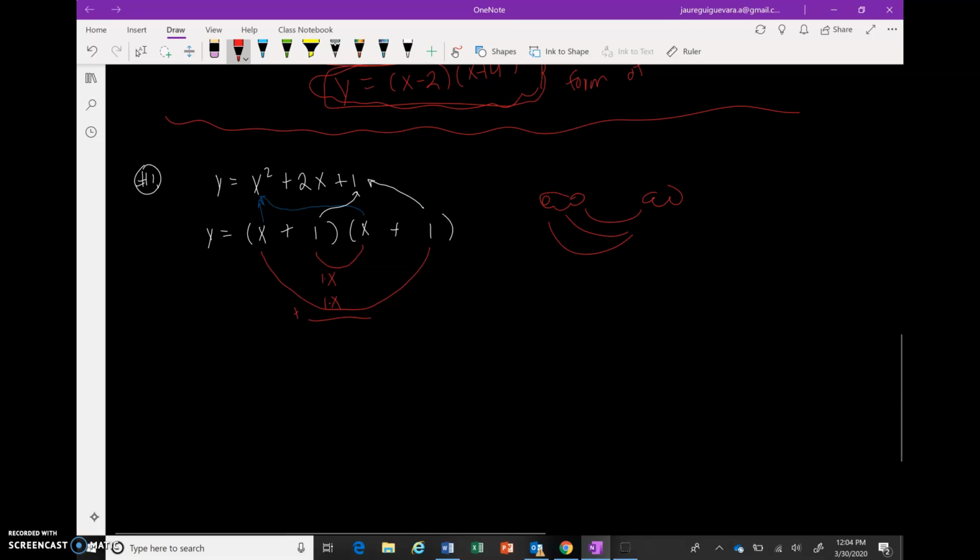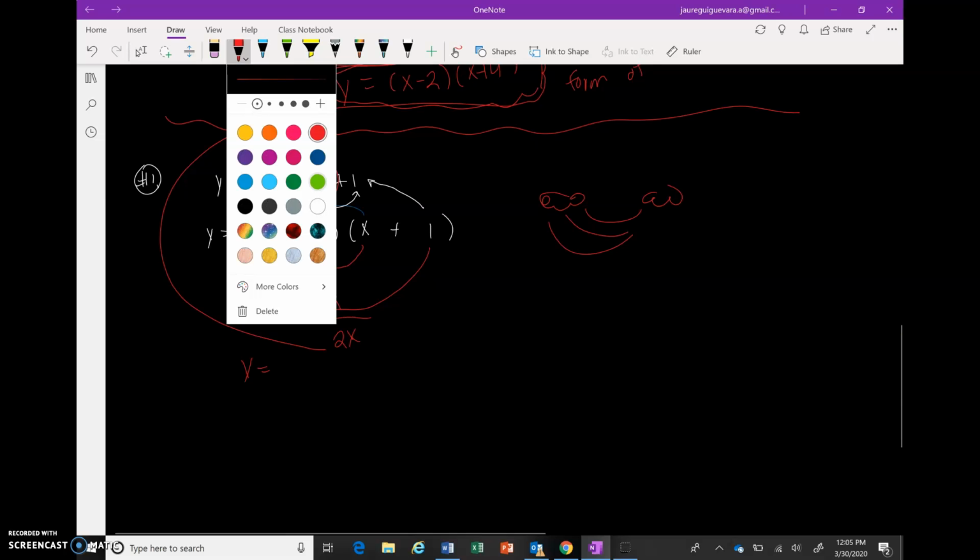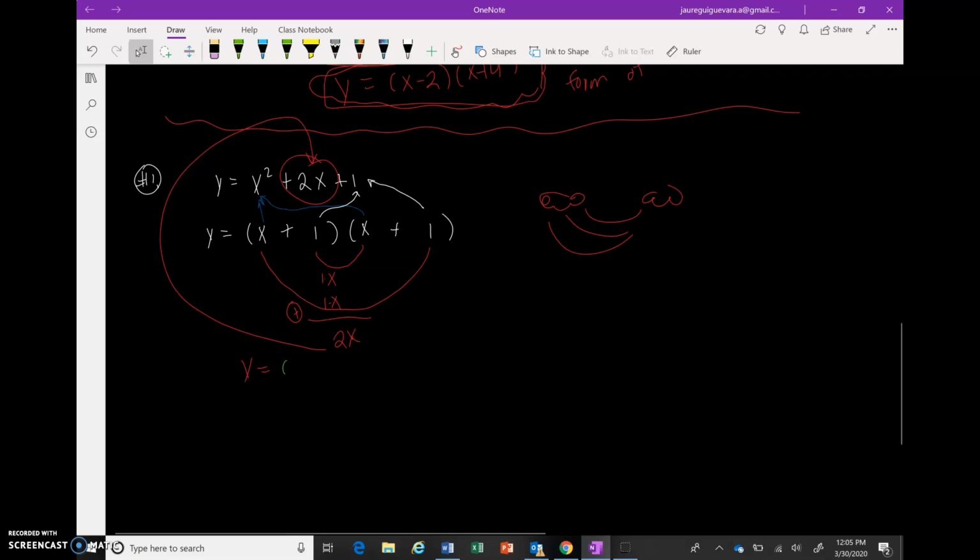If you add them up and combine the like terms, you get 2x, which coincides with your middle term. So that is your factored form. Let me rewrite it in green. Your factored form will be x plus 1 times x plus 1.